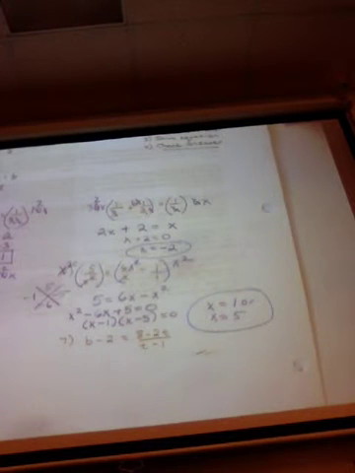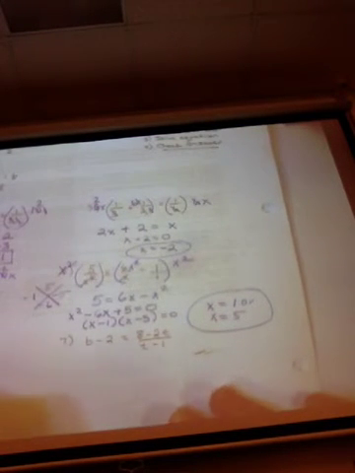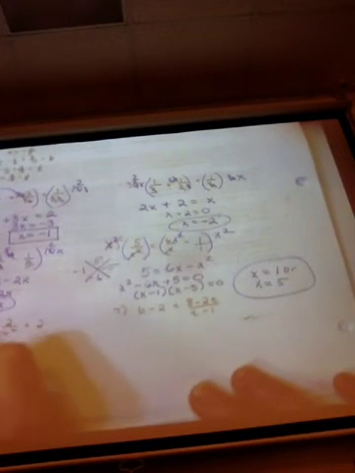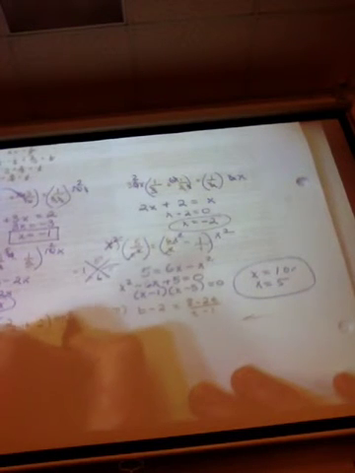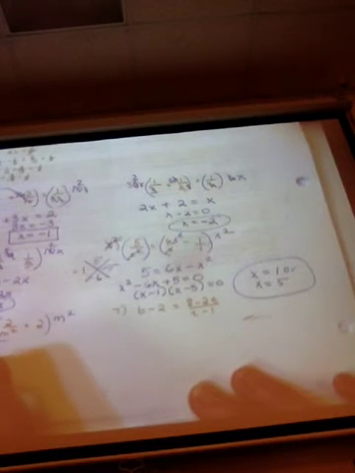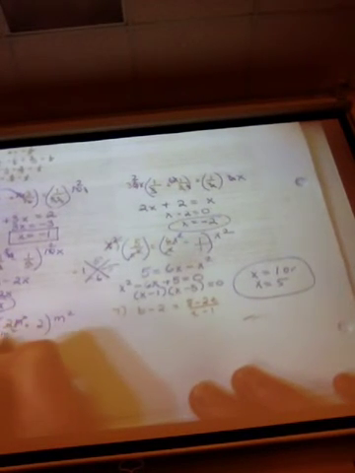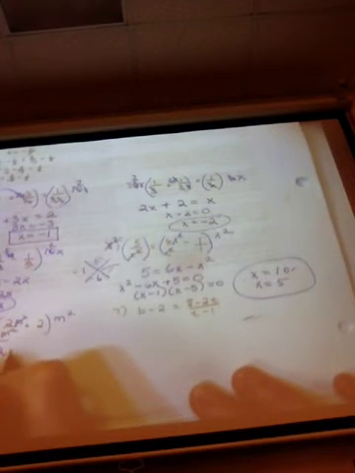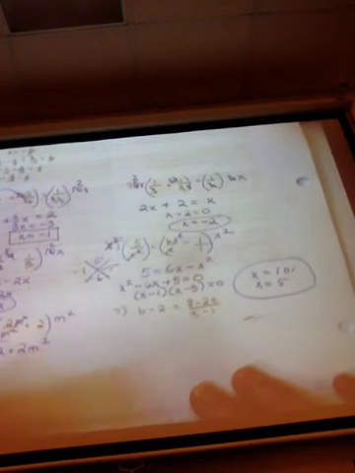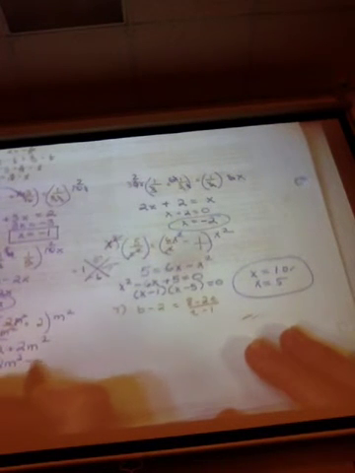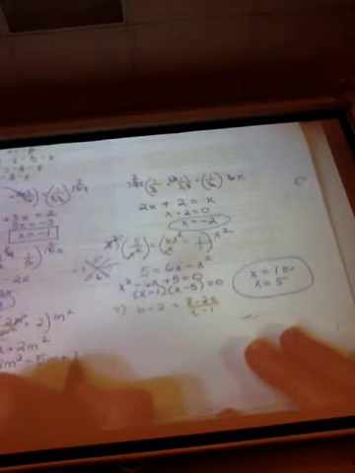Questions? Okay, last one. What would I multiply each term by? m squared. We're going to save number 7 for tomorrow. So if I multiply this, the m's cancel, you get 5m. Multiply this by m squared, and you get 2 plus 2m squared. I want to keep this positive, so I'm going to subtract the 5m and bring everything to the right side.